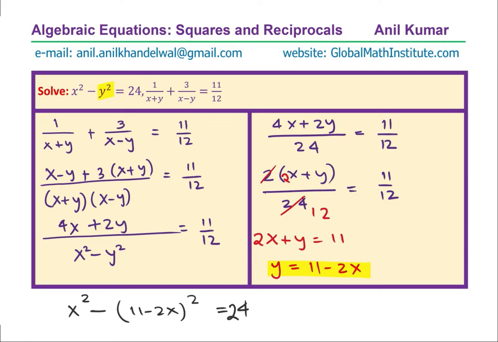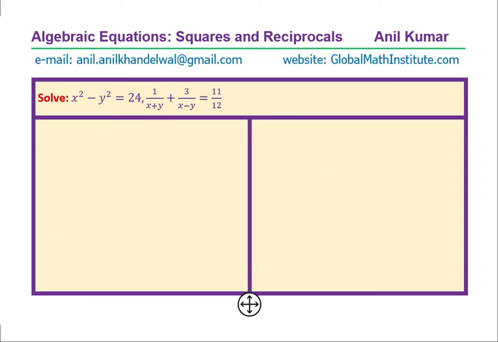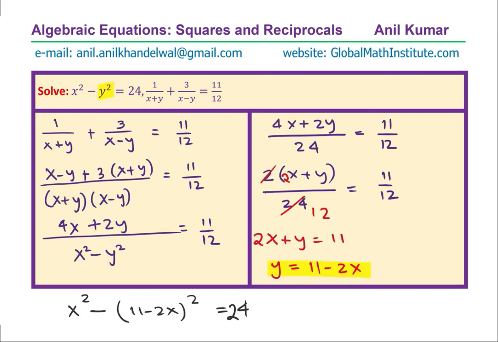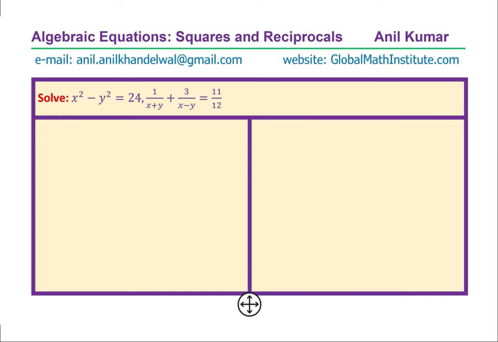So I'll expand (11 minus 2x) whole square and then simplify, right? So we are working with the equation. Let's go back. x squared minus (11 minus 2x) whole square equals 24. Let's open this bracket.